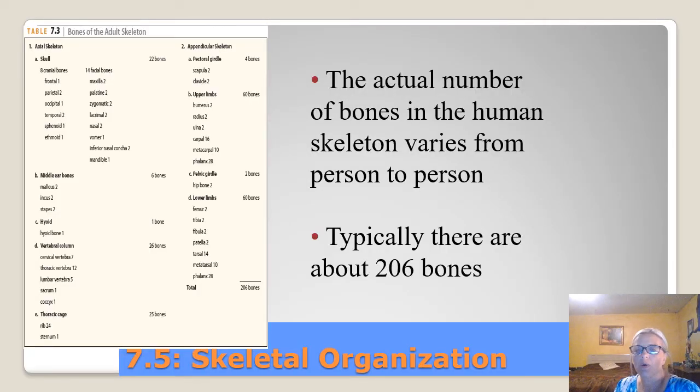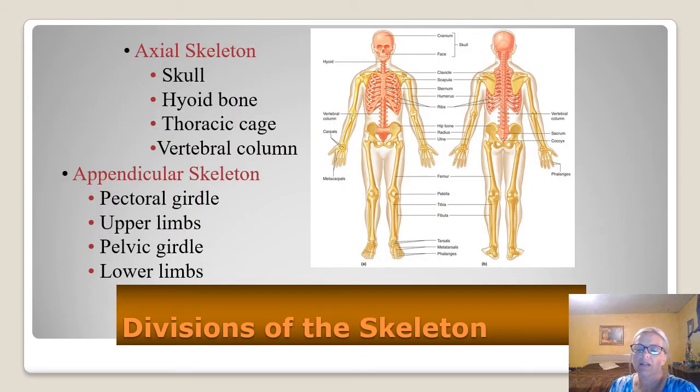So we talk about how many bones there are, but truthfully, the actual number of bones in the human skeleton can actually kind of vary. There are typically about 206 bones. We divide the skeleton into 2 portions. We have what we call the axial skeleton, which is going to be kind of along the body's axis. It's going to contain the skull, hyoid bone, thoracic cage, vertebral column.